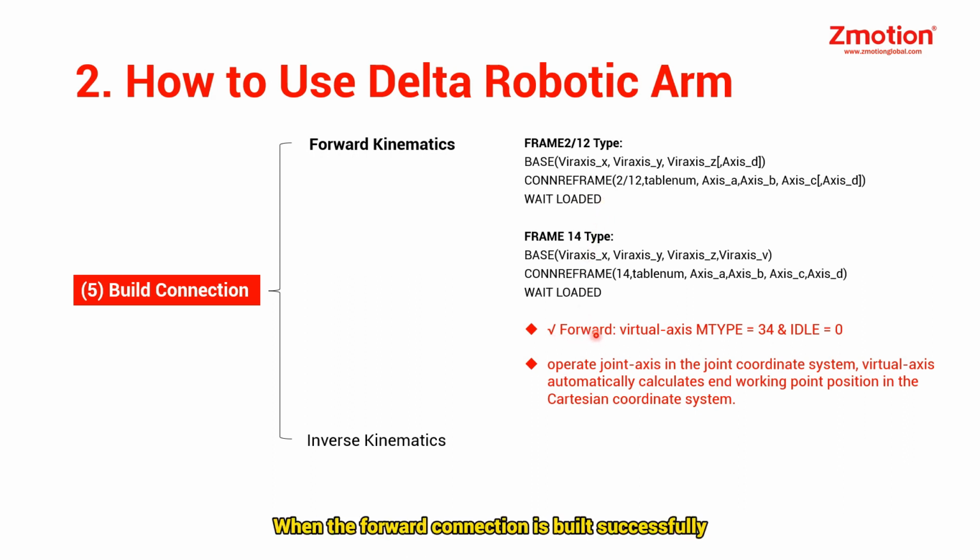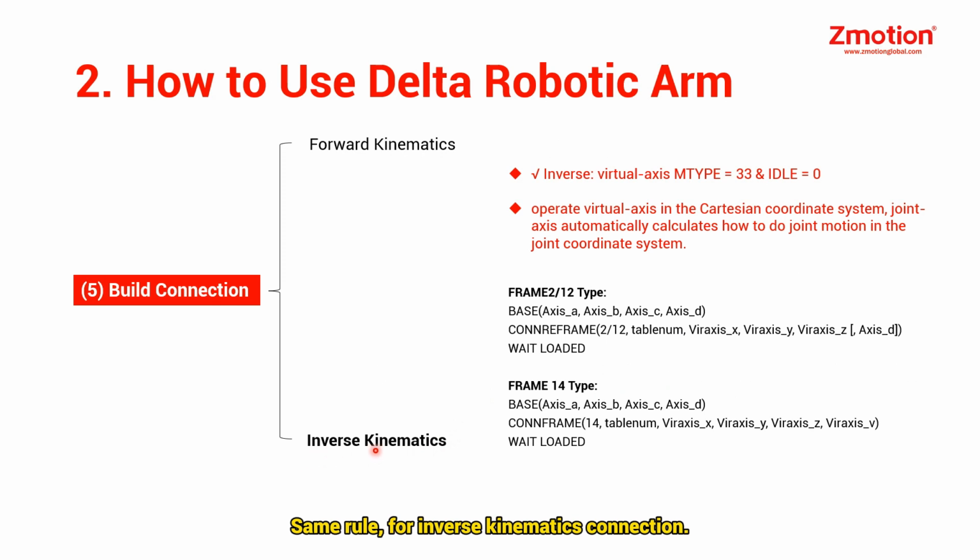When the forward connection is built successfully, virtual axis M type will be shown as 34. At this time, only joint axis can be operated in joint axis coordinate system. Same rule for inverse kinematics connection. Also, select 3 joint axes and 1 end rotary axis.